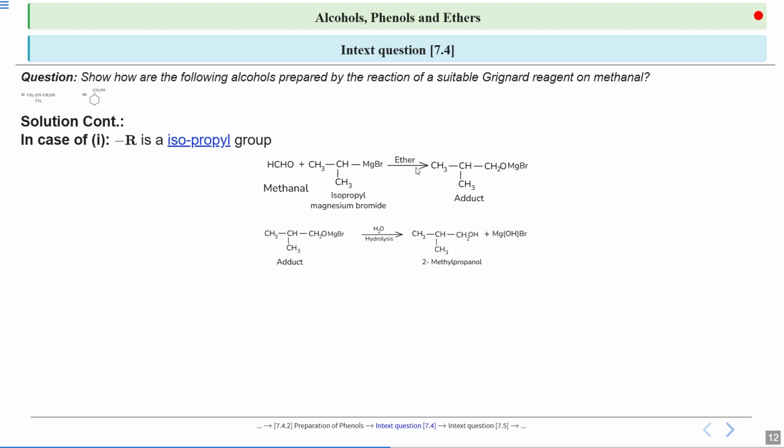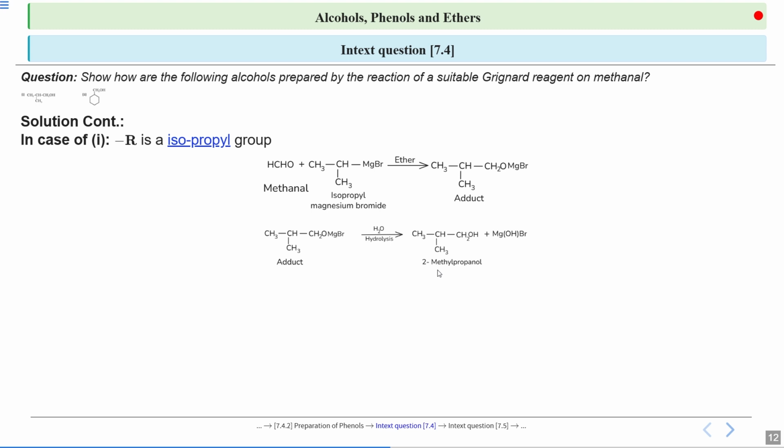So it will form OMgBr, that is, this adduct is formed, and then hydrolysis will happen. Here OH minus will attack the MgBr, forming MgOHBr, and H plus will attack the O minus. So you will see an alcohol is formed, which is 2-methylpropanol.